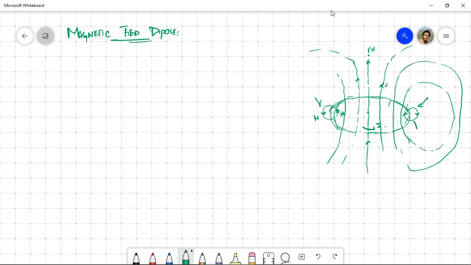Otherwise, you can see it as these two. If you are seeing it from here, you'll see that all the lines are coming out, and if you see it from here, you will see that all the lines are coming in. This is pretty similar to what we have observed in a bar magnet.